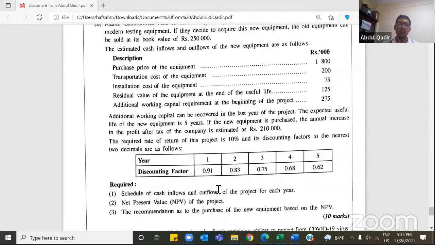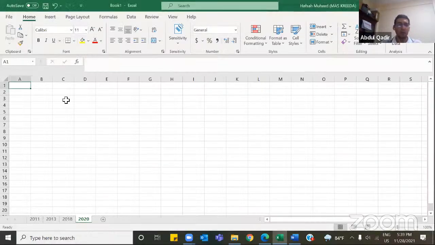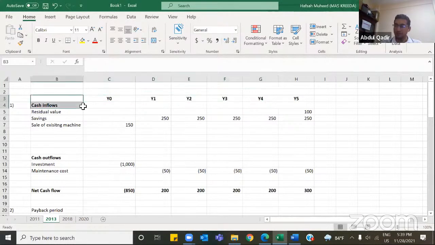First one, schedule of cash inflows and outflows for the project for each year. So they want a schedule for cash inflows and outflows, right? Just like what we did earlier in the Excel, I will create a schedule here.